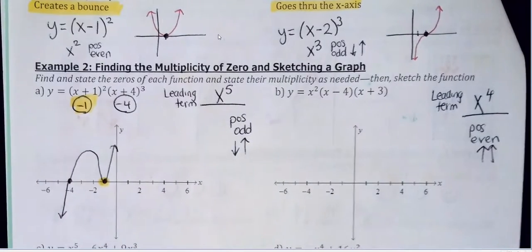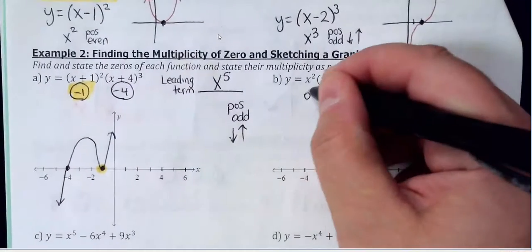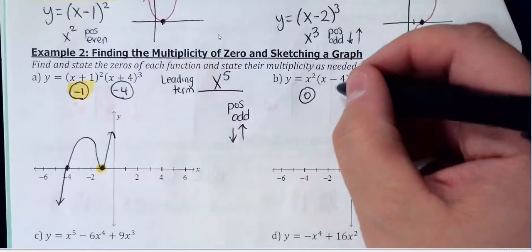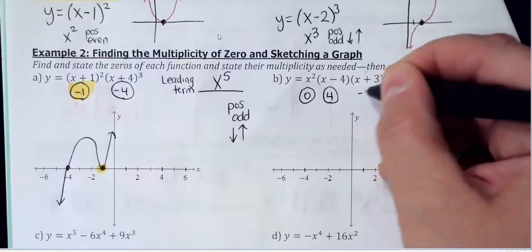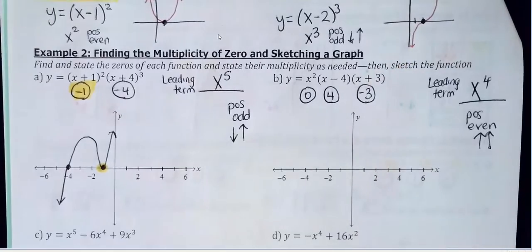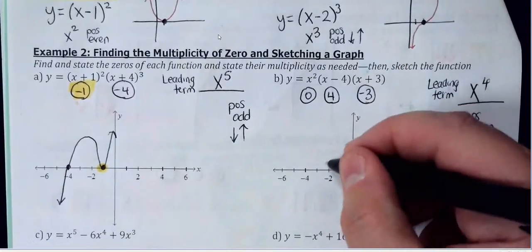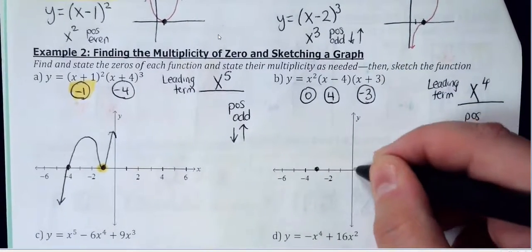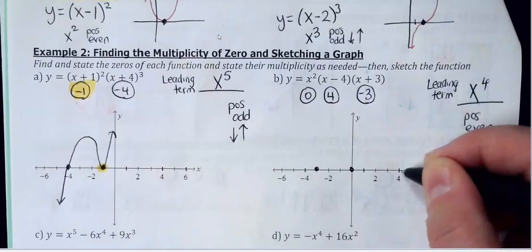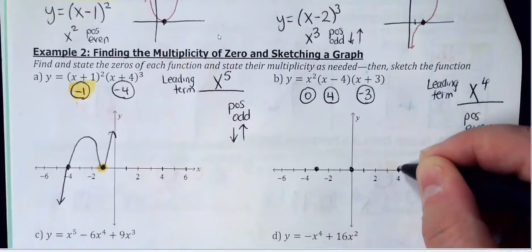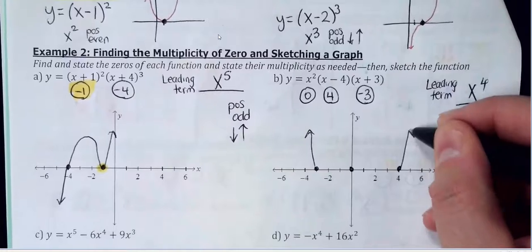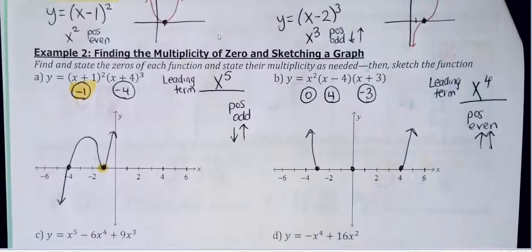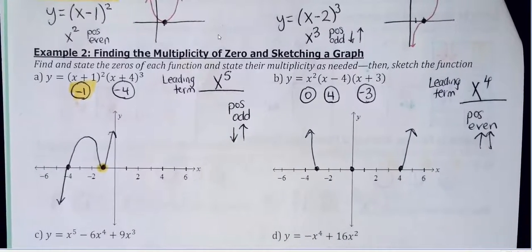All right, so I'm going to go through and check my zeros here. So I've got 0, 4, and negative 3. So I'm just going to plot those real quick. All right, and then I know it needs to go up at the beginning and up at the end because even goes the same direction, both. These are both going to go up because it's positive.